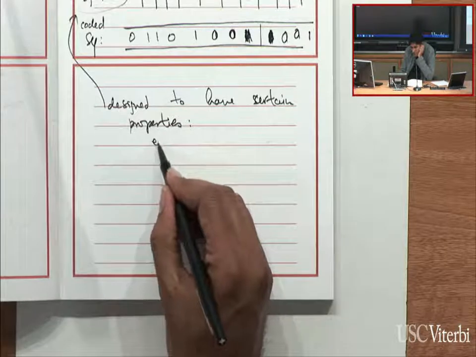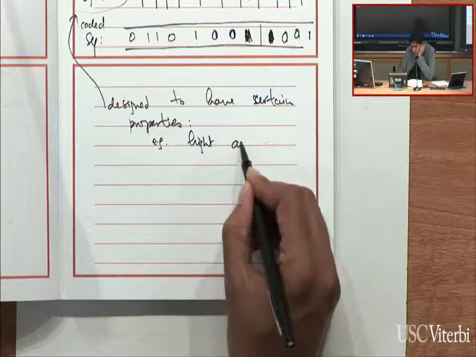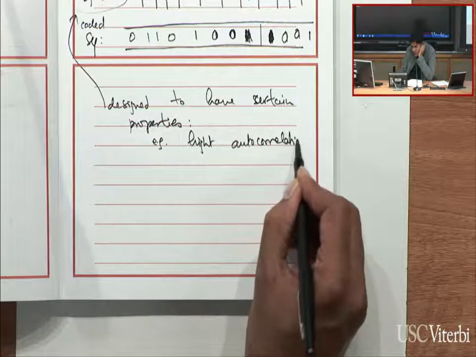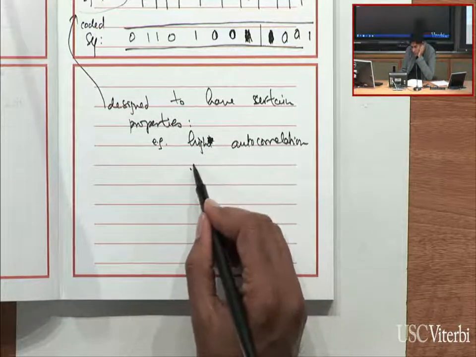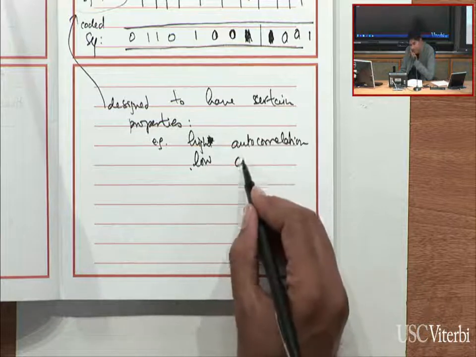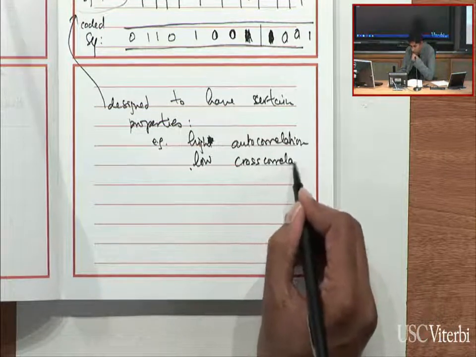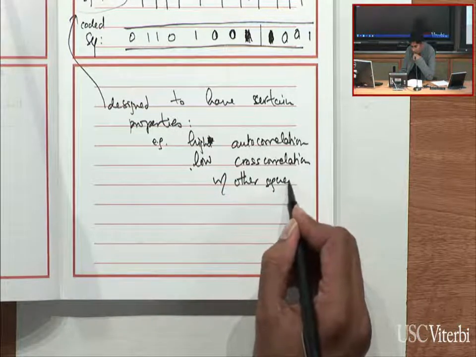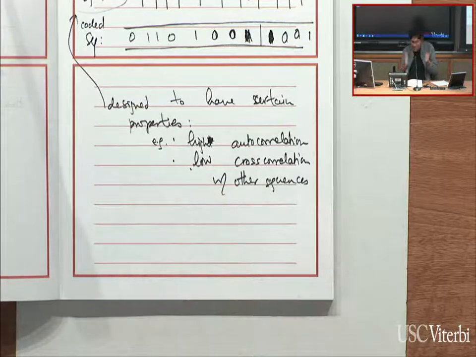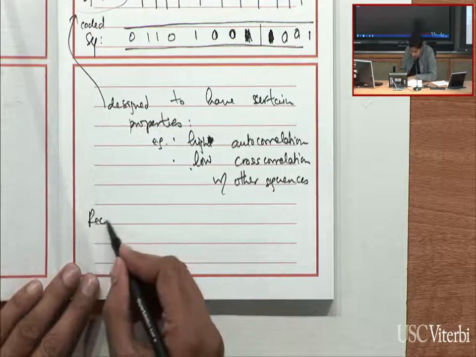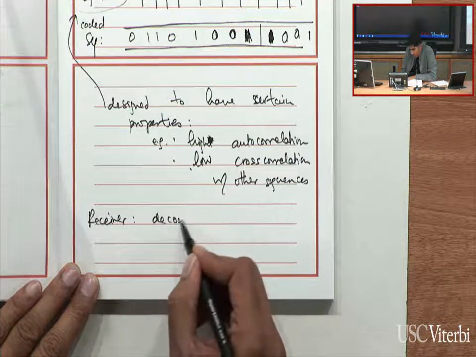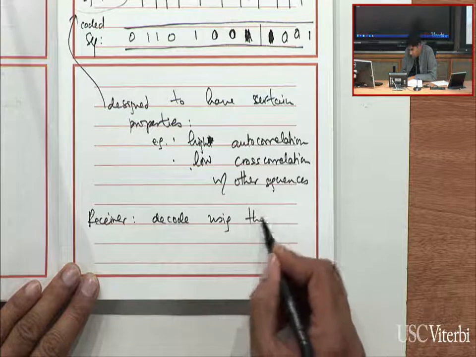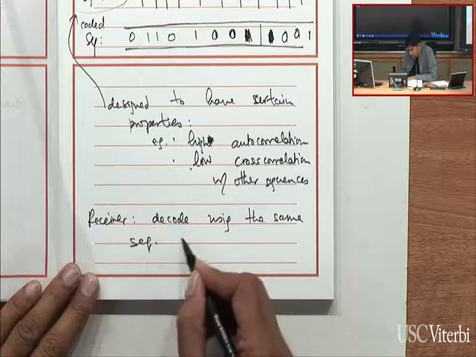Such as high autocorrelation, and we'll talk about what these mean briefly, or in the case of CDMA, something we care about is low cross correlation with other sequences. And sometimes it's the same spreading sequence has both properties, or you have 2 different sequences that you apply to what you're sending out. And then at the receiver, you basically decode using the same sequence as at the transmitter.